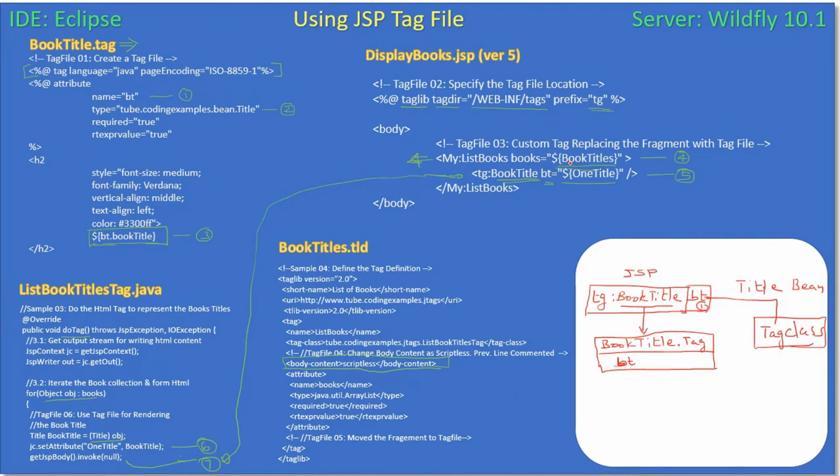Tag class. And if you see here this book title, then the servlet also comes into the picture. So who is supplying this book title collection? That's our servlet. We used it multiple times, and we know what its duty is.